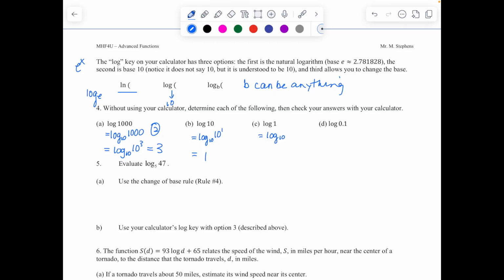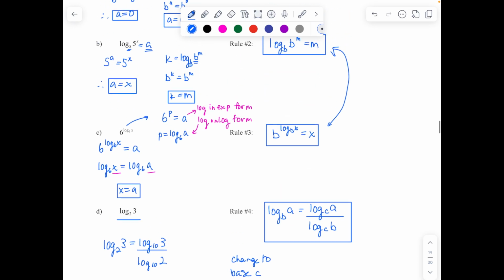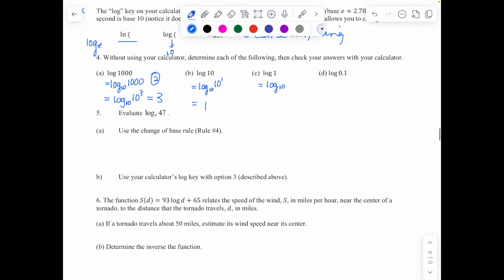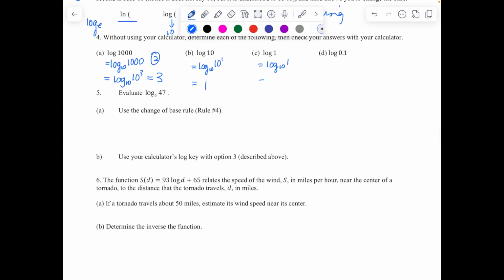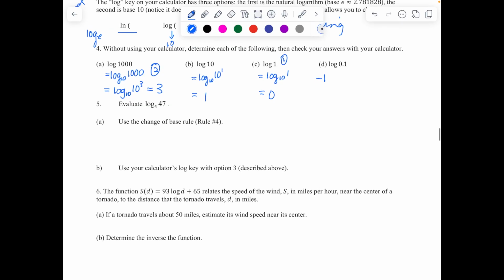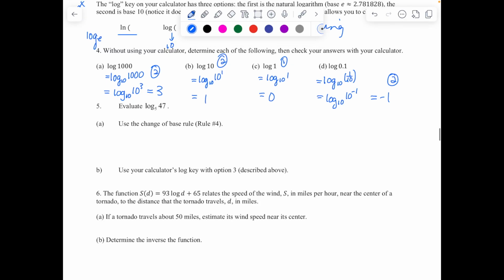Actually, did we do this? Yes. So I can just use rule number 1. This is 0. Log base 10 of 1/10, which is 10 to the negative 1. So using rule 2, we know that this is negative 1.